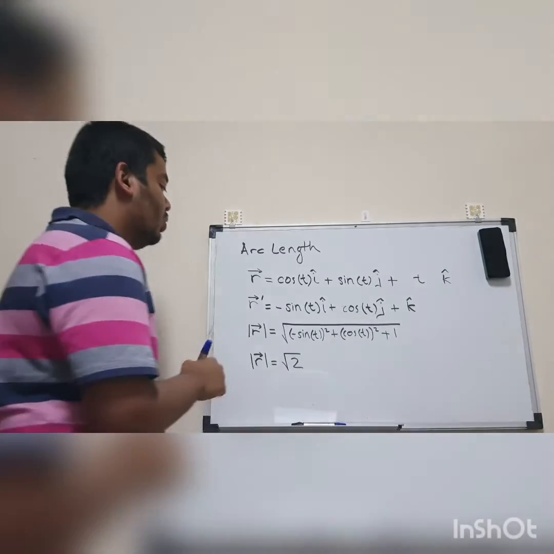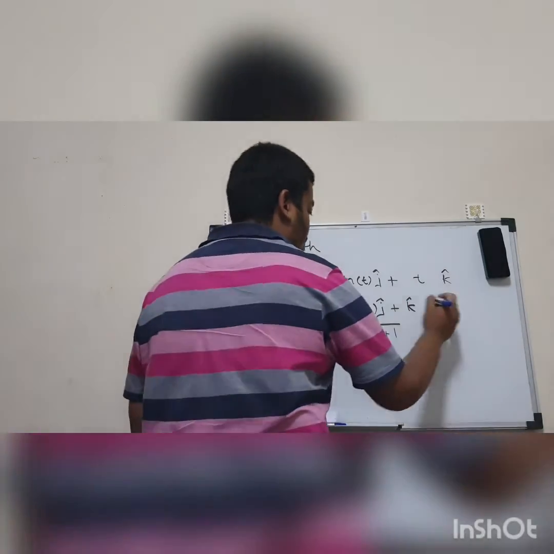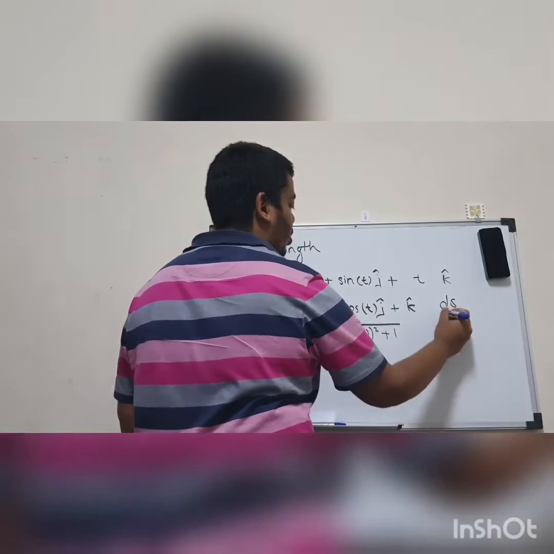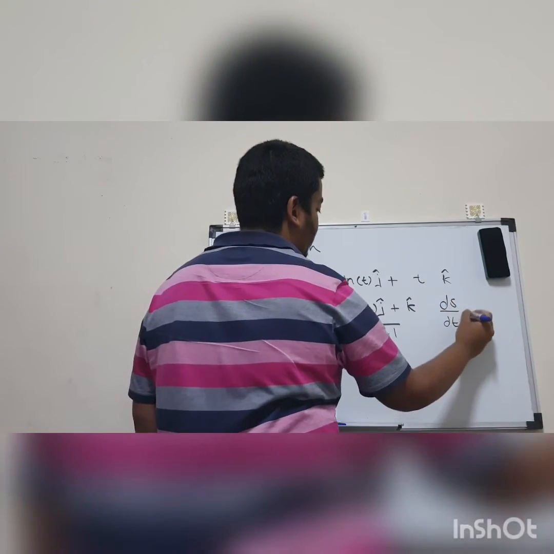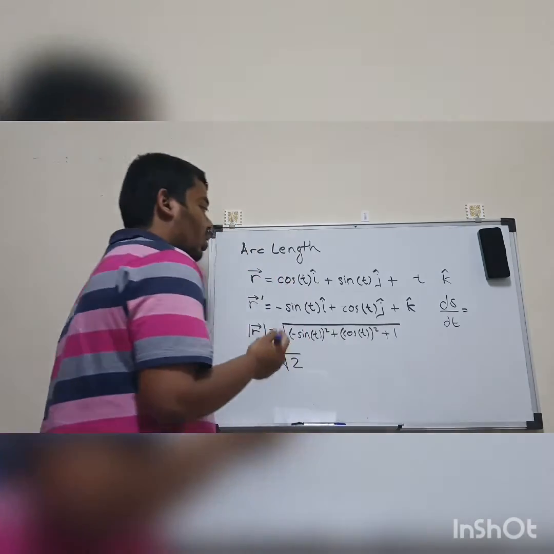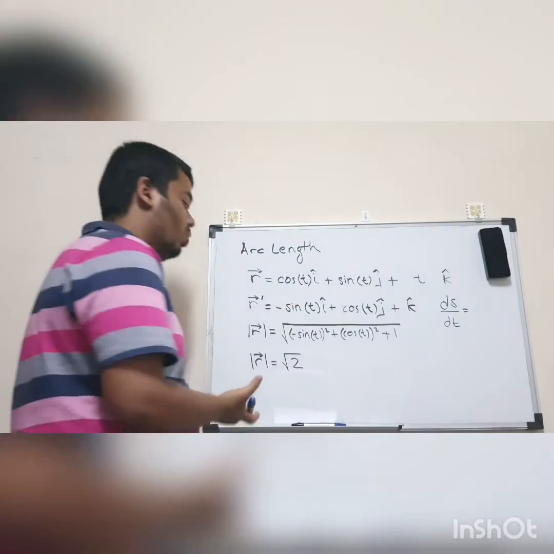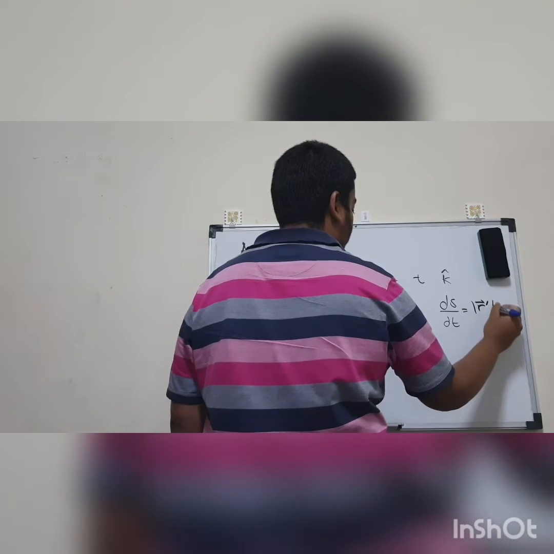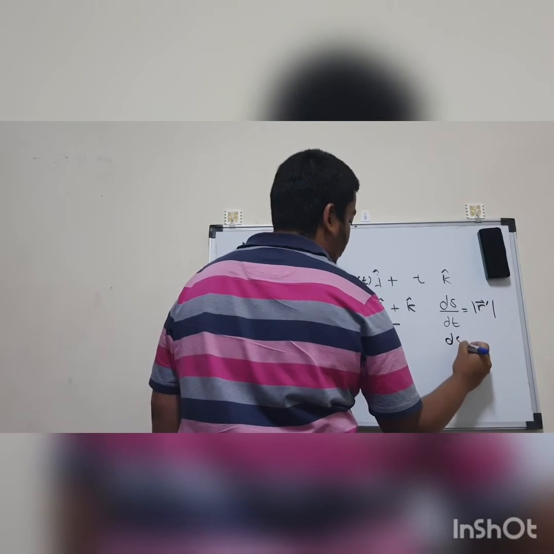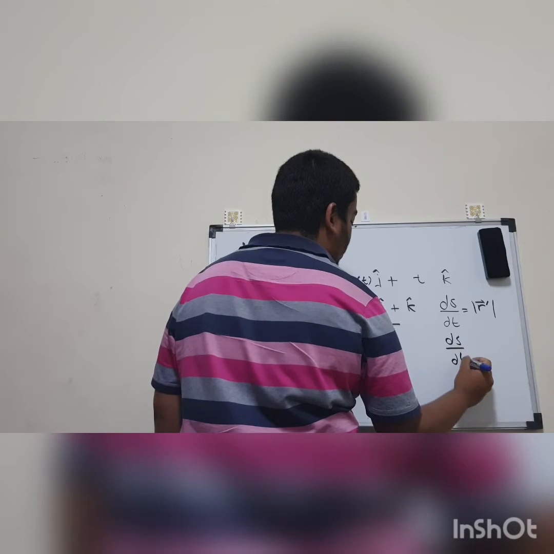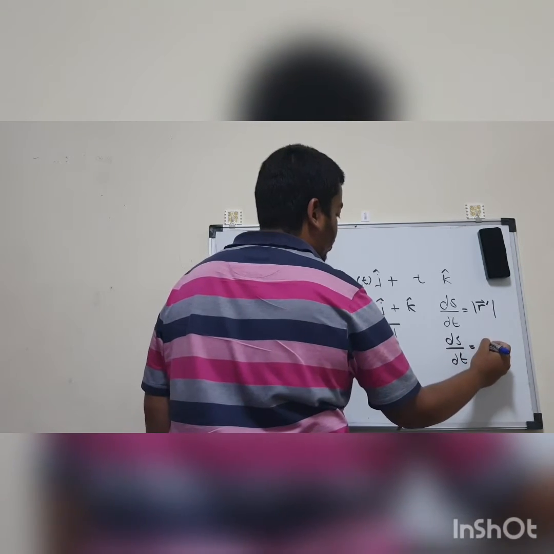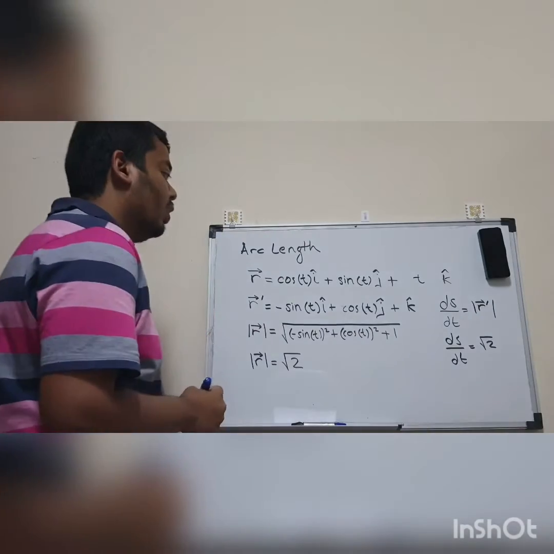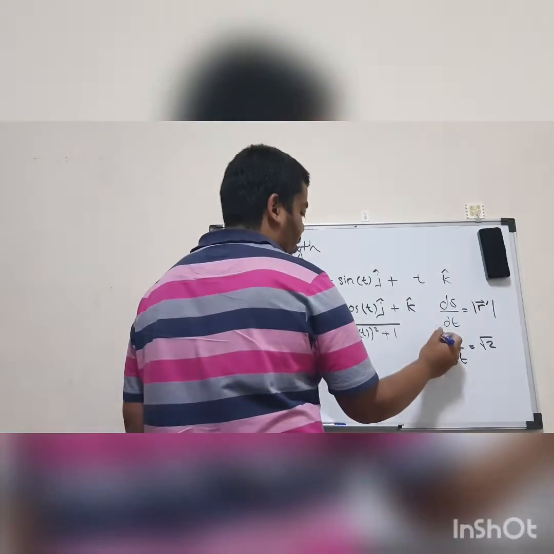Perfect. Now we know from here that ds over dt, the change in arc length over time, is equal to the magnitude of r prime. So ds over dt is equal to the square root of 2.